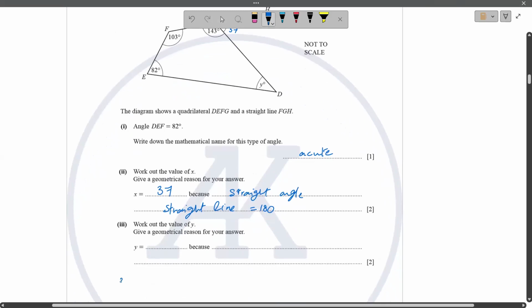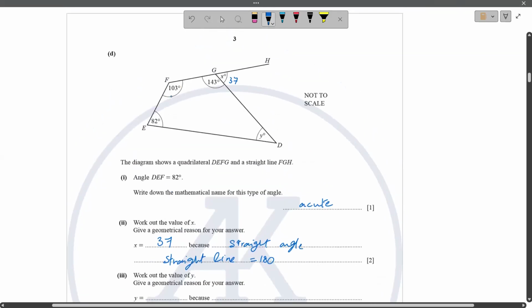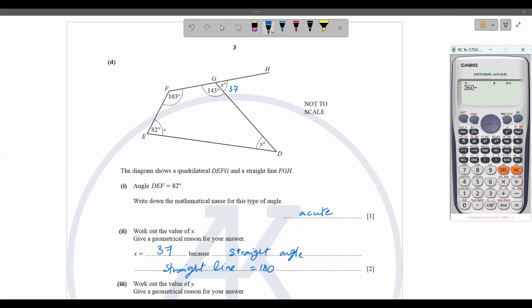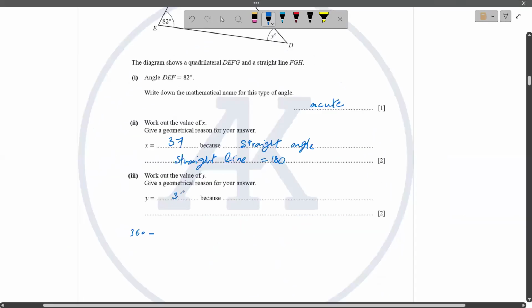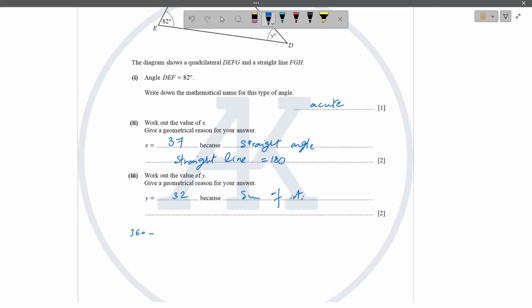So we can calculate it: 360 minus the sum of the three angles. 360 minus 143 minus 103 minus 82, which is equal to 32. Why? Because the sum of interior angles of a quadrilateral equals 360.